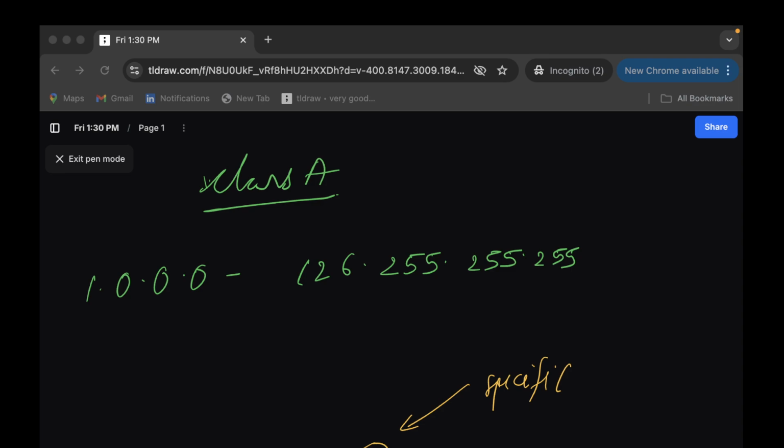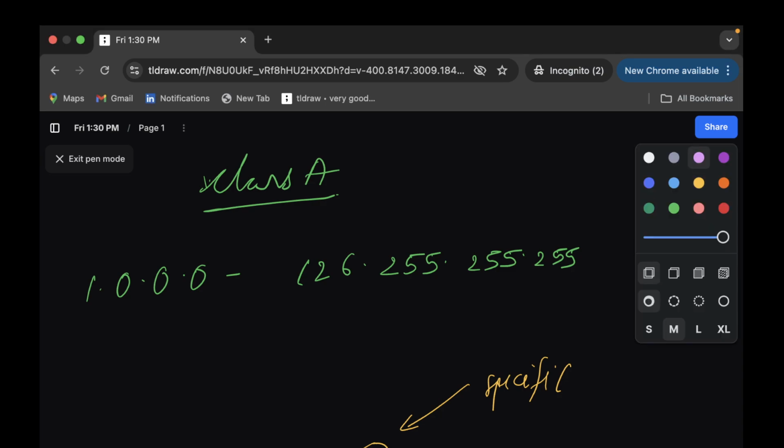Now when we are in class A IP addresses, 8 bits are reserved as network bits, and then we have 24 bits for the host, right?